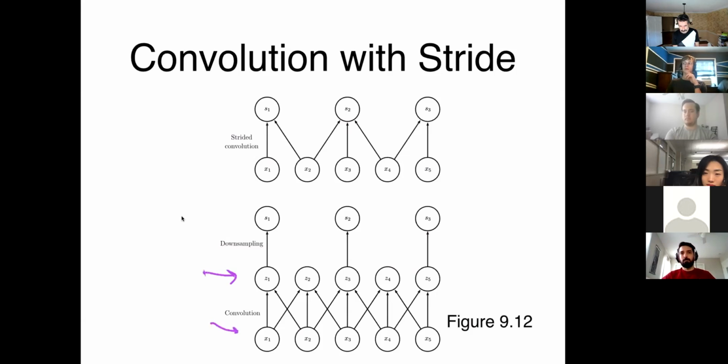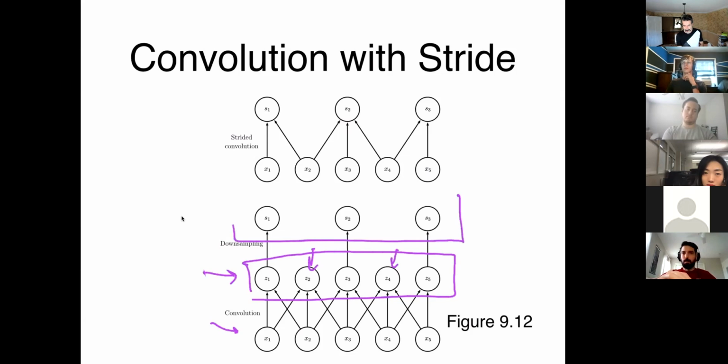You get these Z1 to Z5, and as a result of this pooling or downsampling, you basically don't want to have these in-between activations. You only get S1, S2, and S3 as a result. These are your output units that you produce as a result of this larger stride that you have, right?